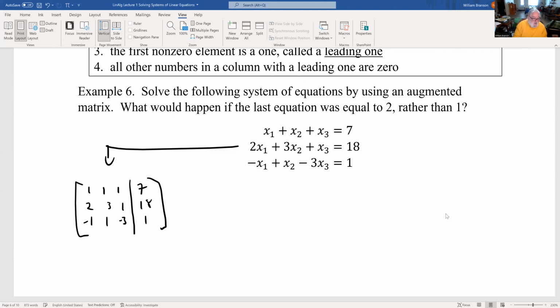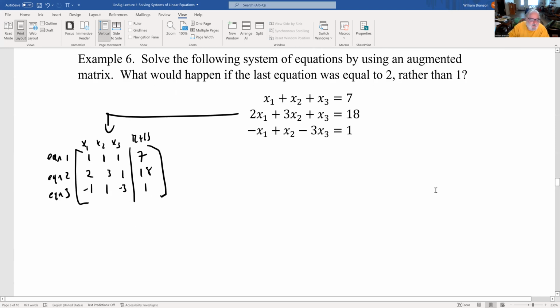So that's our augmented matrix. Remember that the columns represent variables and the rows represent equations, right? And we're just pulling out the coefficients, just pulling out the numbers.